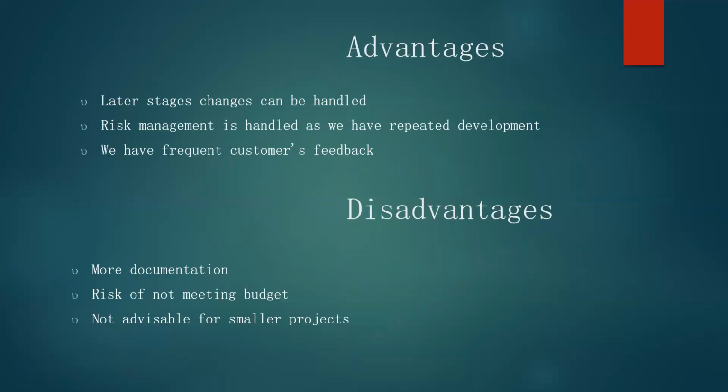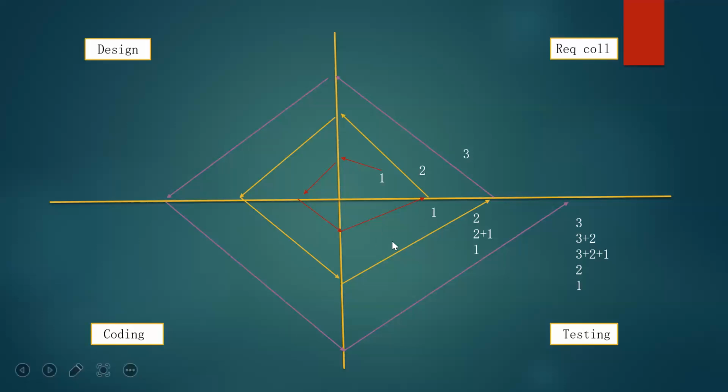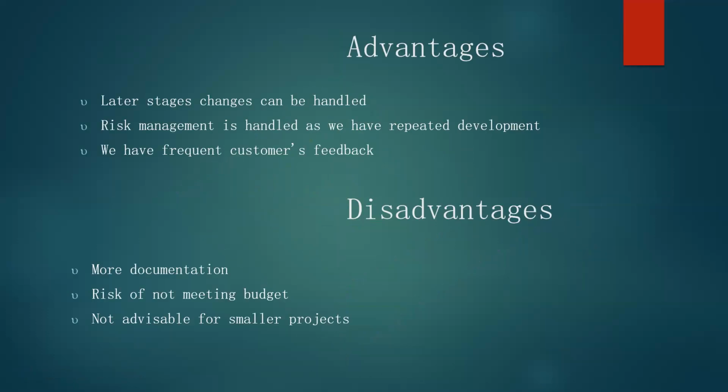Okay. Risk management, as I said, we have repeated development. Here we keep on developing, and developers also ensure every module before delivering it to QA people. So risk management is very effective over here, and they handle it very quickly.